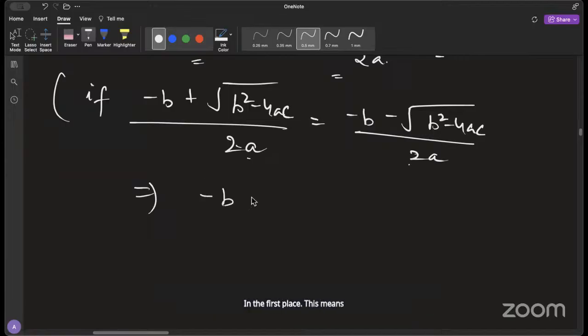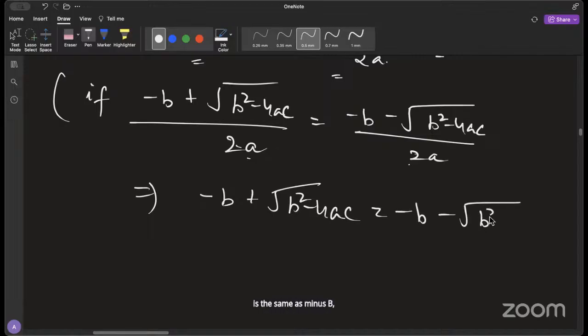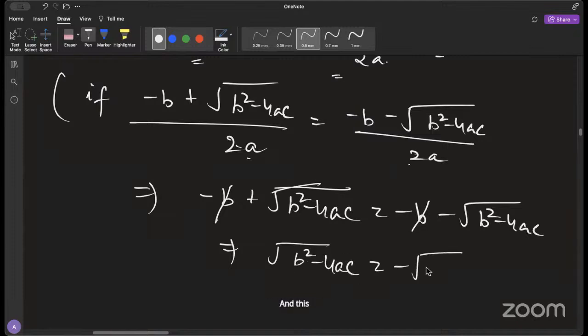This means your minus b plus square root of b square minus 4ac is the same as minus b minus square root of b square minus 4ac. And from here, your minus b gets cancelled from both sides. This is the square root of b square minus 4ac, and this is the negative of the square root of b square minus 4ac, which means your 2 times square root of b square minus 4ac is 0.